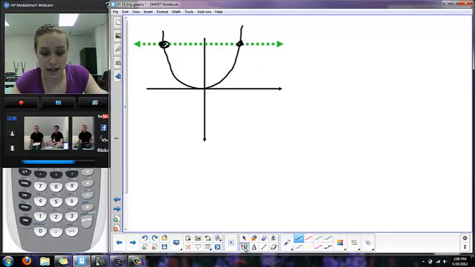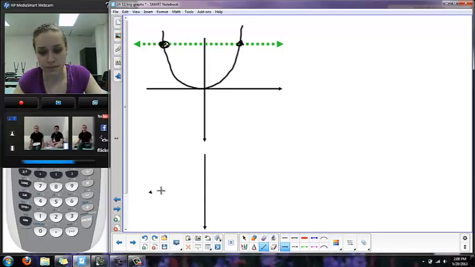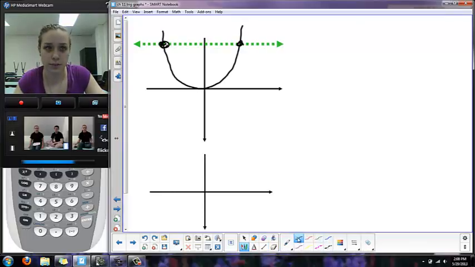So that means that if I were to draw a picture of the inverse of this function, when I flipped it over the line y is equal to x, it would look like this. This is what the inverse of a parabola looks like. See how it's a parabola on its side?